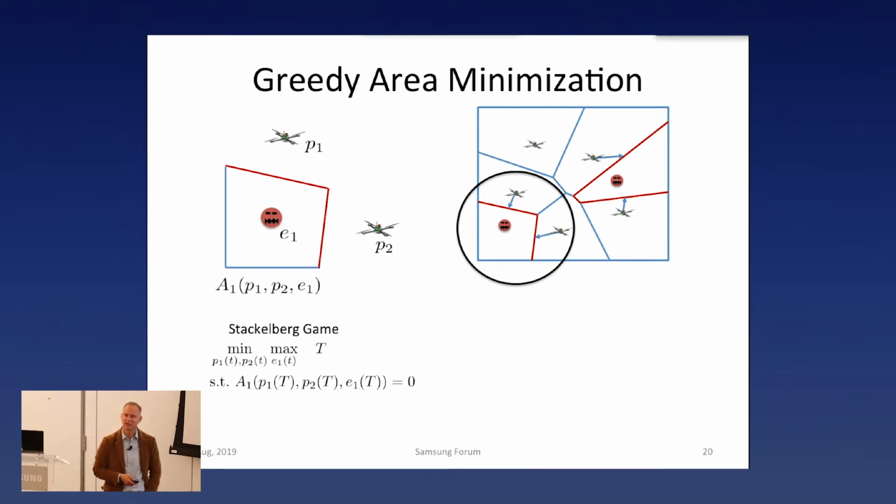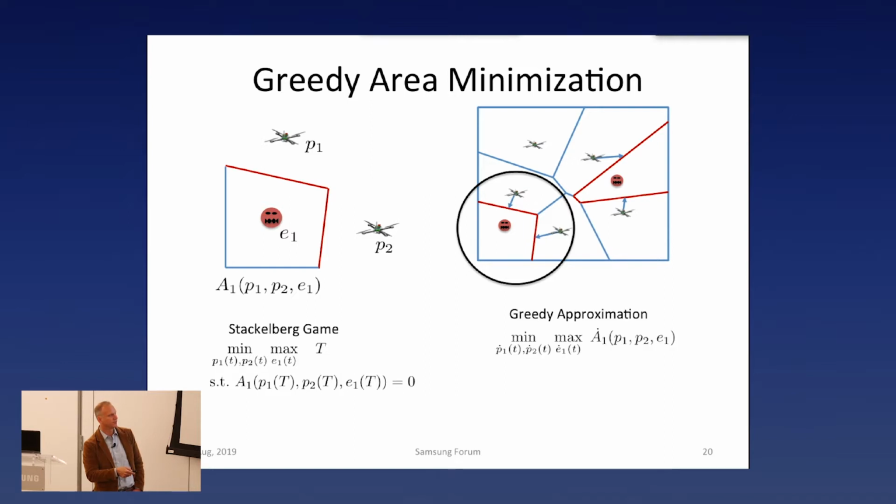So we take a greedy approximation. Instead of optimally finding the minimum time to capture, we instead find the rate at which we can most quickly drive the area down. So at the current time, how quickly can we make the area decrease? That's an area derivative, right?